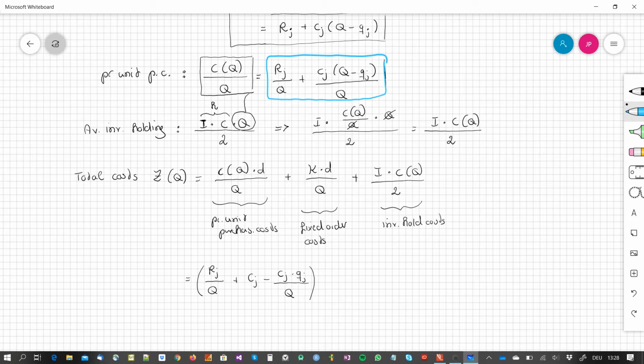So these are the per unit purchasing costs that I set in here at that stage. And we should not forget that this is to be multiplied by D. Then the fixed ordering costs stay the same. And now we modify our inventory holding cost accordingly.